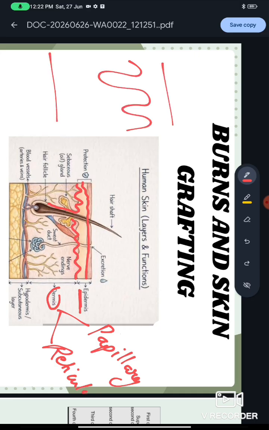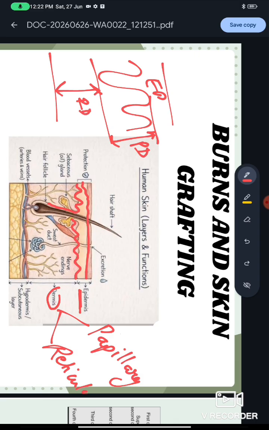So, for example, if this is the epidermis, this portion is the papillary dermis, and the portion of the dermis that does not contain the enfoldings or the rete pegs is known as the reticular dermis.